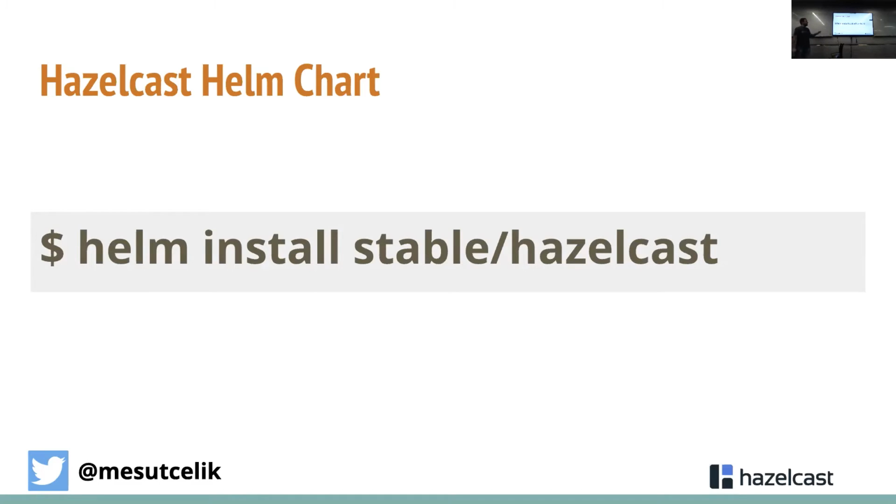Okay, so that's how you deploy Hazelcast into a Kubernetes environment. One interesting thing is you can say metrics enabled true. Then Hazelcast starts exposing all metrics in Prometheus format.